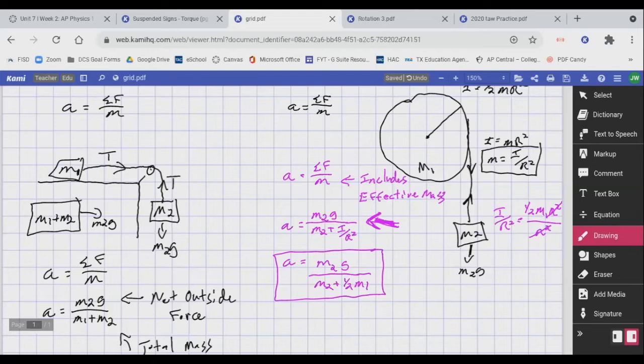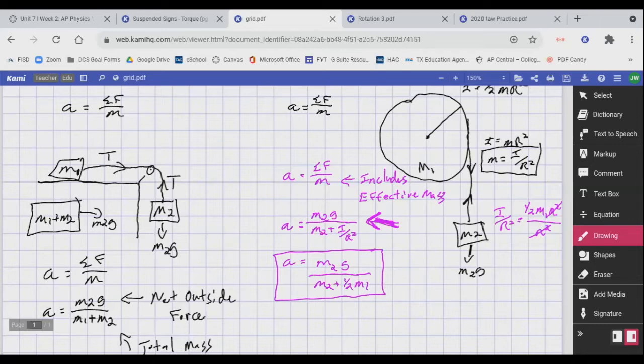That's my top. On the bottom, I've got my mass M2 plus my effective mass, which is calculated as I over r squared. Are we okay with that statement before we move forward?